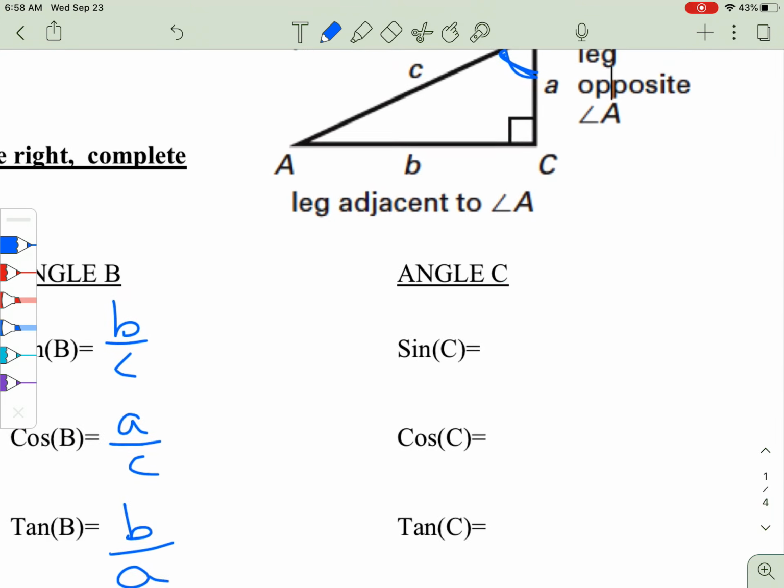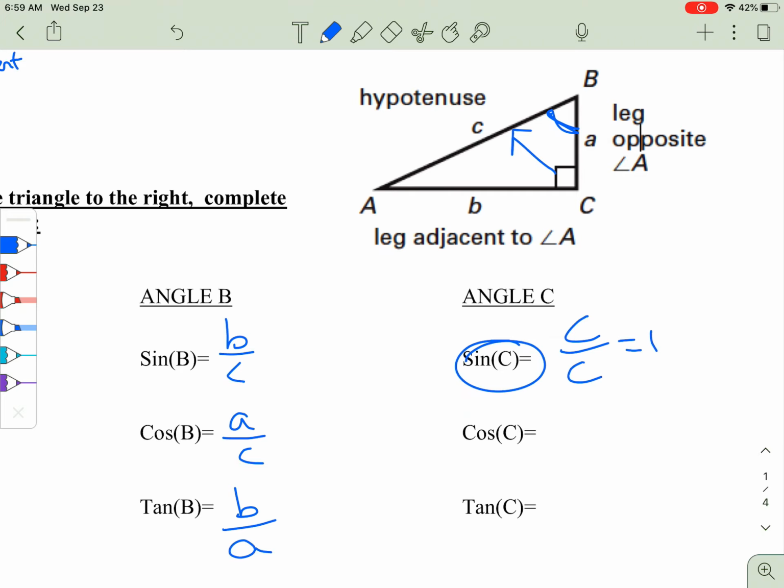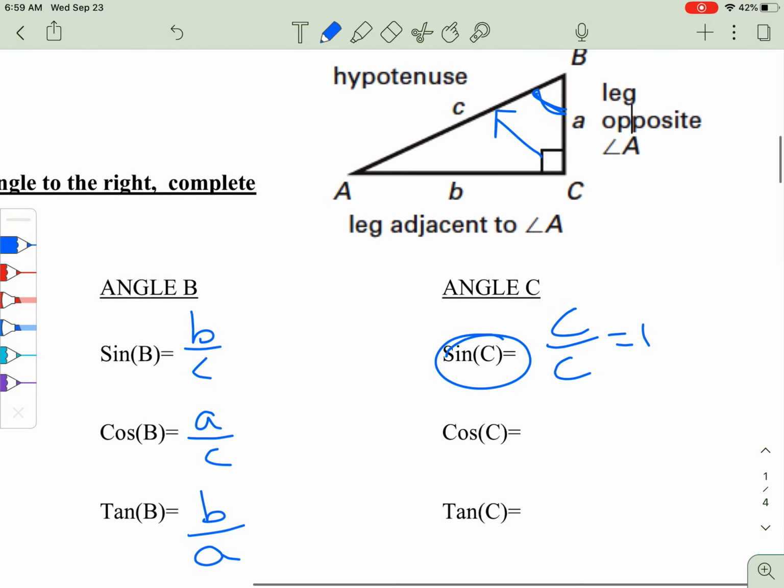And then angle C, so here's what's tough about angle C. If I go to put sine of C, sine is opposite. Well, what's opposite of C? Well, that's C. And so is the hypotenuse. So that would just be 1, right? How about cosine of C? Well, cosine is adjacent.